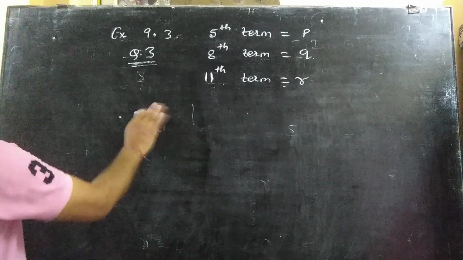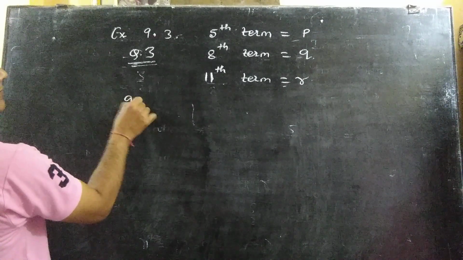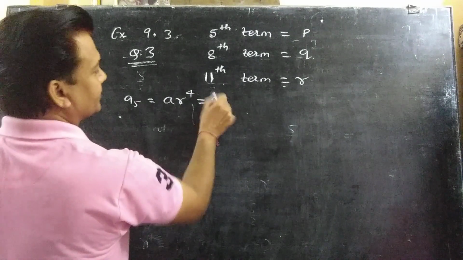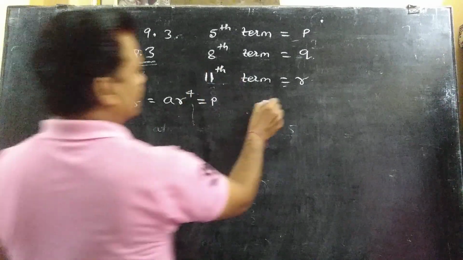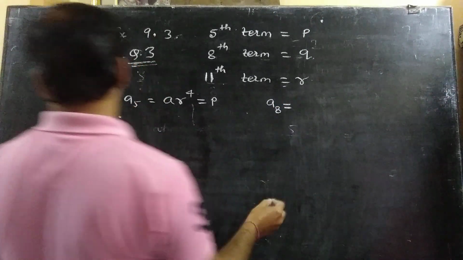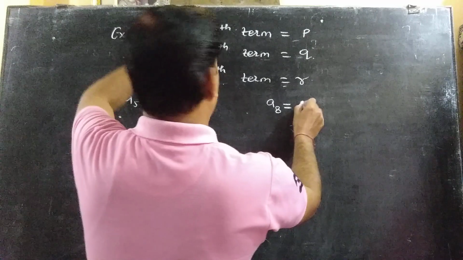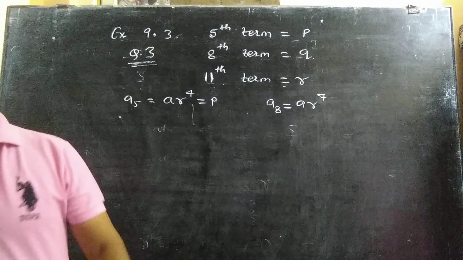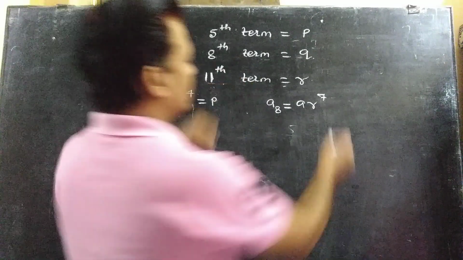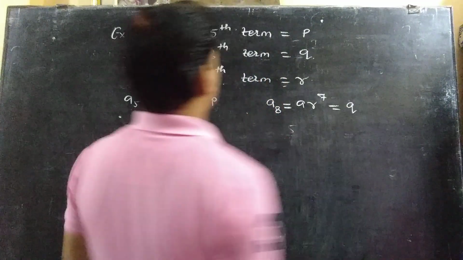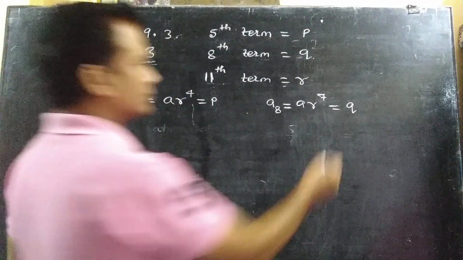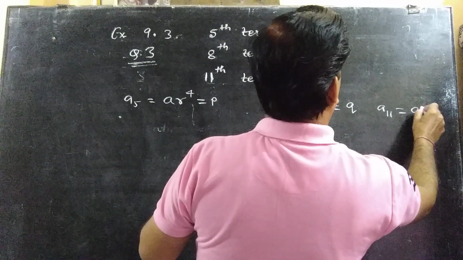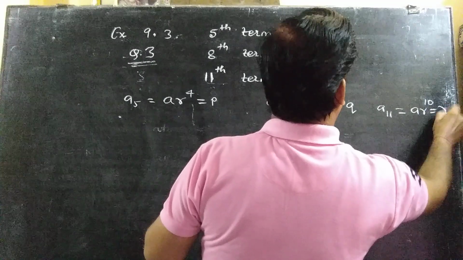And what we have here, fifth term's formula a5 is a r raised to 4, that is P. Eighth term formula a8 is a r raised to 7, Q. And 11th, a11 is a r raised to 10, R.